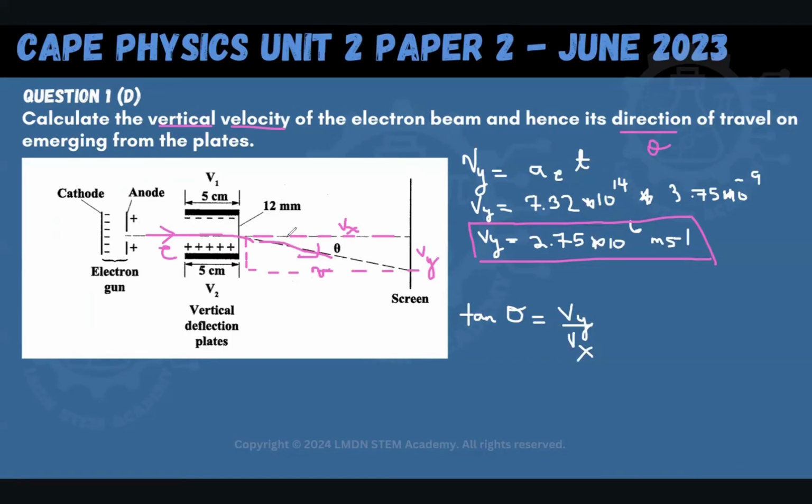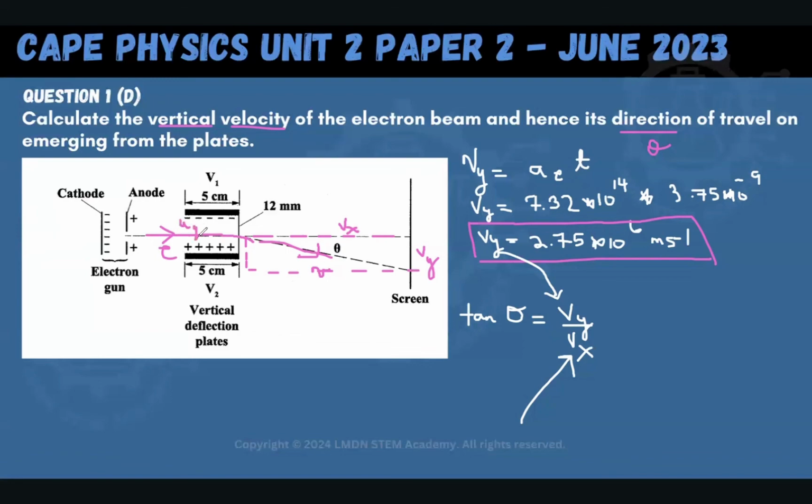That's the angle that the electron emerges at. Opposite is Vy, adjacent is Vx. We just found Vy, but we need to find Vx. This Vx is coming from the beginning.